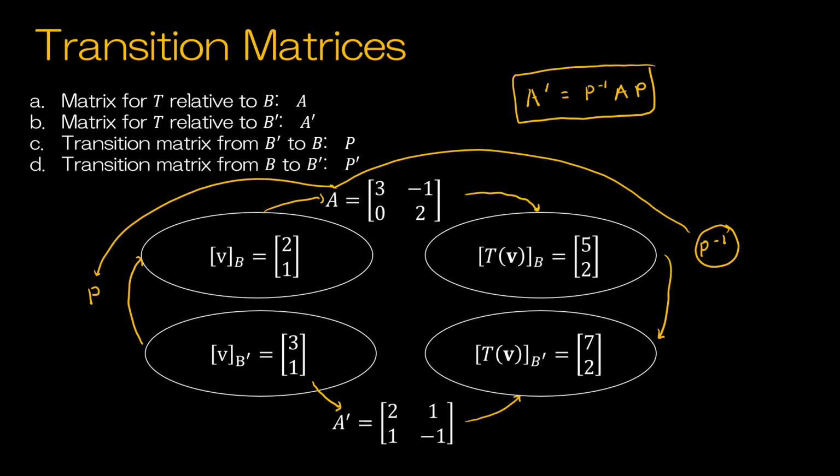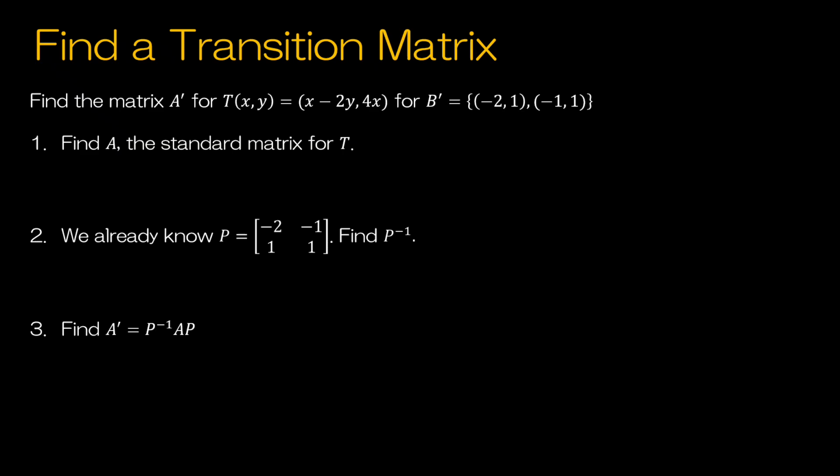For my first example, this one's going to be a little bit easier than the next one, simply because we know that we're going from the standard base to a non-standard base. When we have two non-standard bases, it makes it a little bit harder. For this one, we're going to start with the standard matrix for T, from our linear transformation.